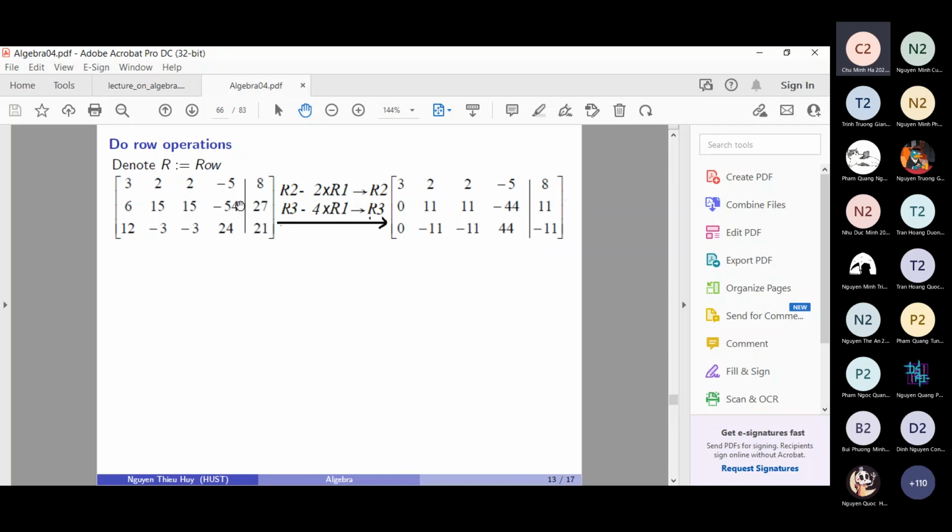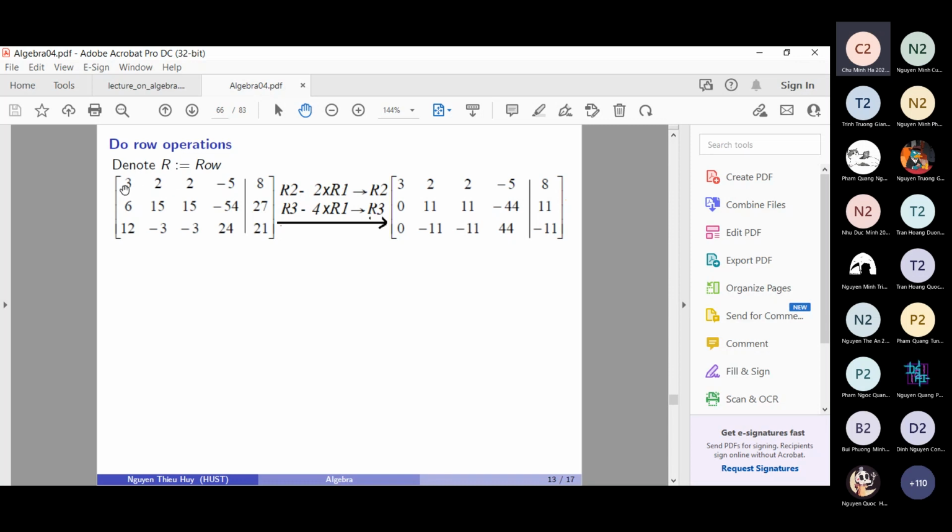matrices here, eliminating on the matrix so that you obtain some kind of triangular matrix. If you want to eliminate 6, then you have to take row 2, multiply with minus 2 and add to this. R means row. So row 2 minus 2 multiply row 1.